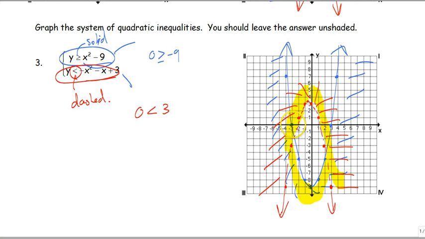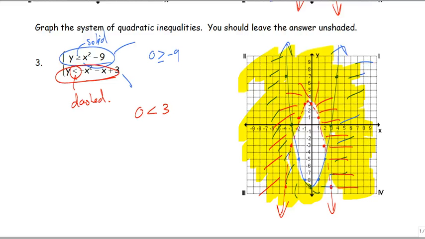So basically the solution to both quadratics is that middle section that looks kind of like an ellipse, because those things satisfy both quadratic inequalities.